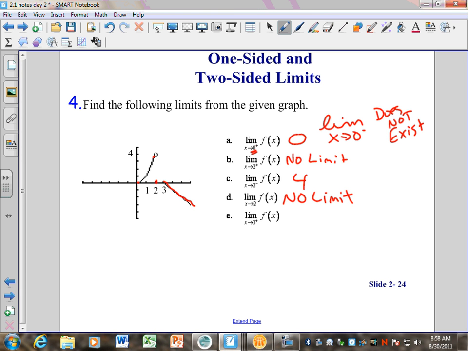So if you were going to make a chart of this, you would pick points bigger than 3, like 4, 5, 1. What would you say? 0, right? It's getting closer and closer to 0 as we come. Does that make sense? You're going to get a lot more answers today than we've had in the past of the limit doesn't exist or there's no limit.